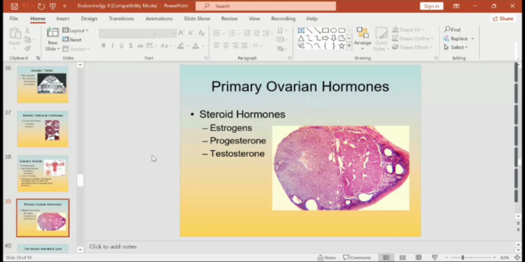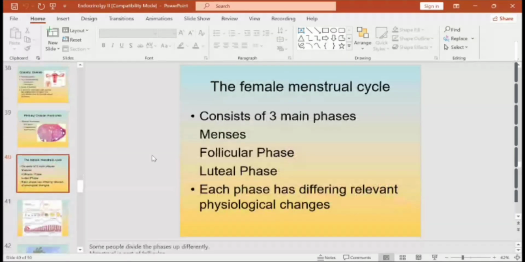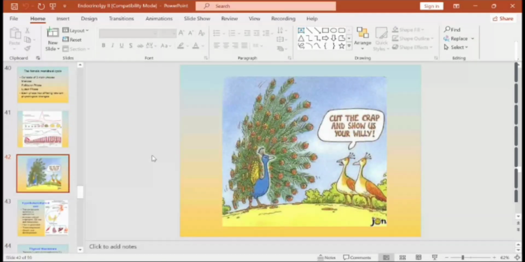The primary ovarian hormones include estrogen, progesterone, and testosterone, but the testosterone is at a very low level. We said it has three phases, the menses, follicular, and the luteal, but we'll talk in detail in the next class.